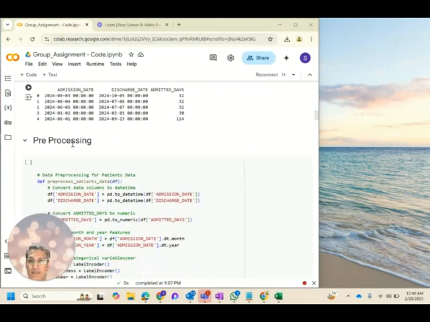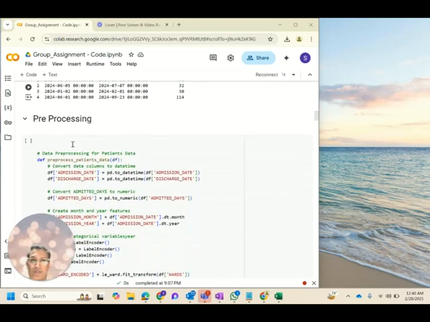Then there is pre-processing. The data pre-processing steps ensure consistency and readiness for analysis. It converts admission and discharge dates to datetime format, ensuring admitted data are numeric, and extracts month and year for feature engineering.